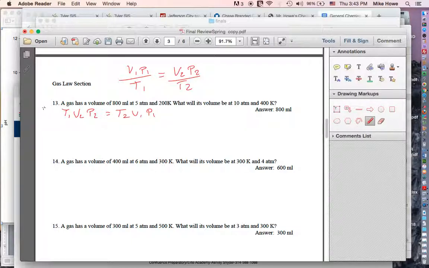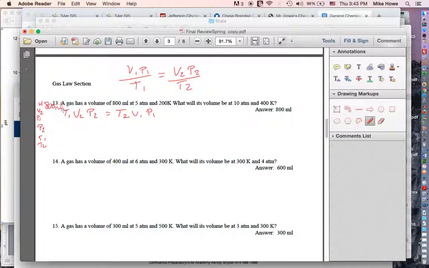All right, you still need to make your chart like I pointed out on the previous video, the other video that I didn't take off is still there. In that problem, I told you to create a volume 1, volume 2, pressure 1, pressure 2, temperature 1, temperature 2. So volume 1 would be 800 milliliters in this case.